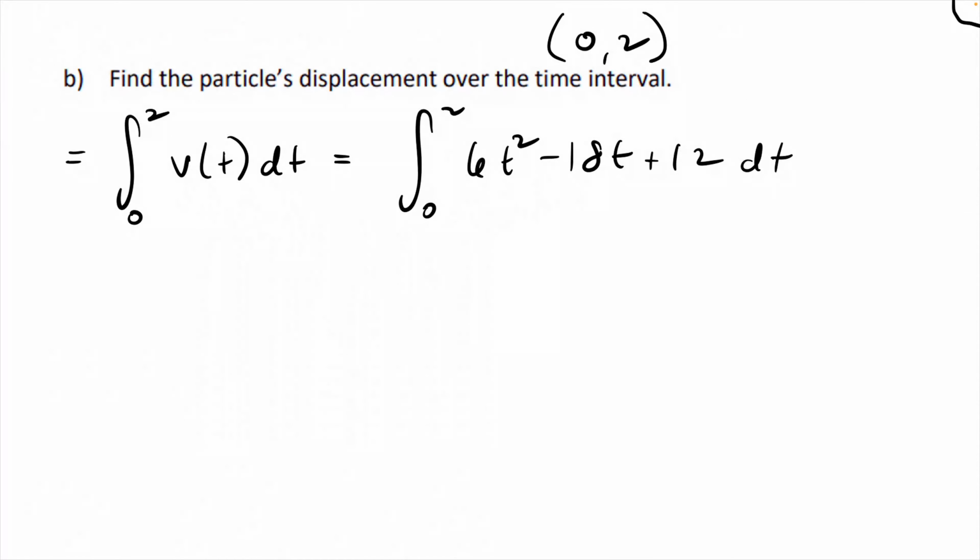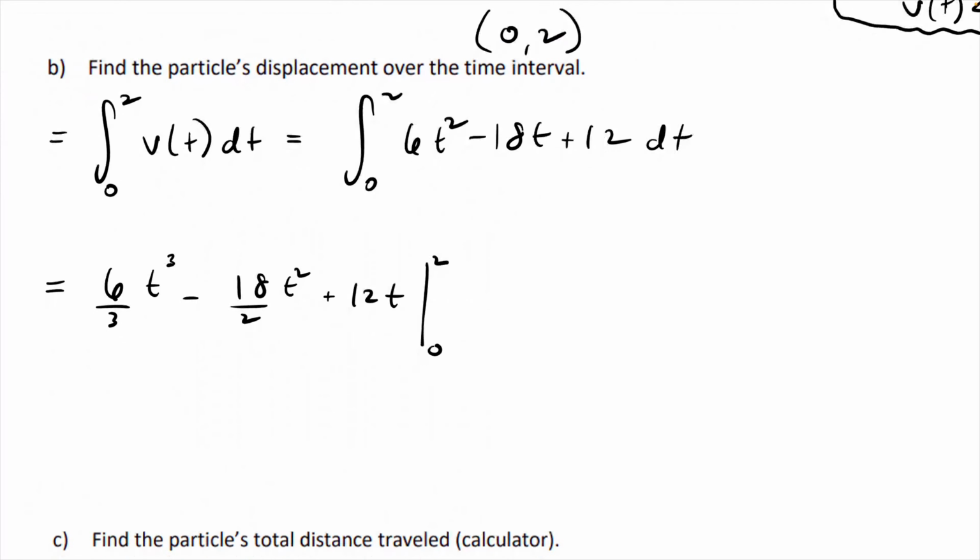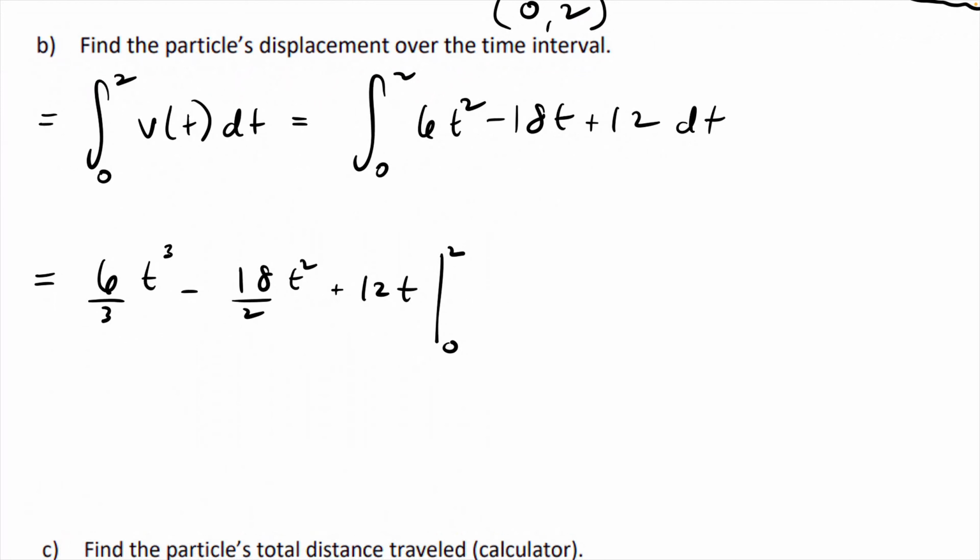You guys have done this before. You guys have had tests and quizzes on this. So I'm going to use the power rule. When I use the power rule, I get 6t to the third divided by 3 minus 18t squared divided by 2 plus 12t. And I have to evaluate it from 2 to 0. So in other words, I have 2t cubed minus 9t squared plus 12t.